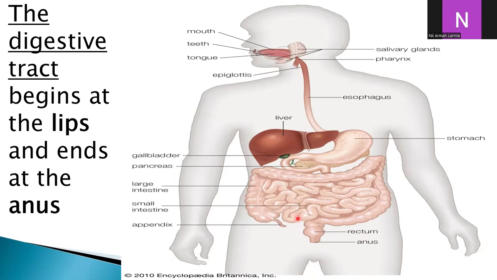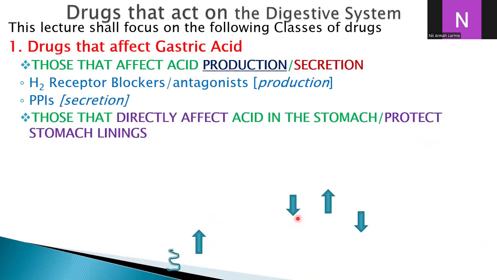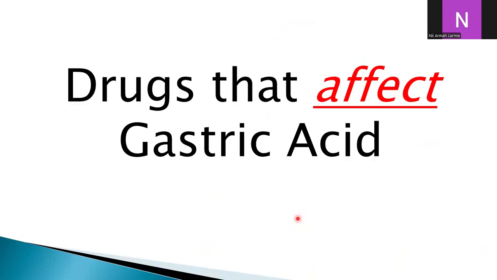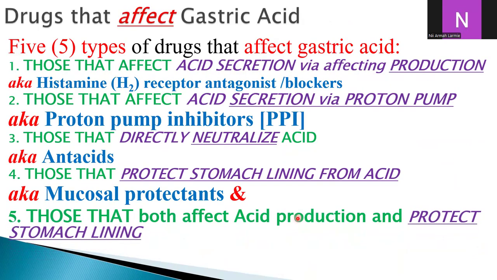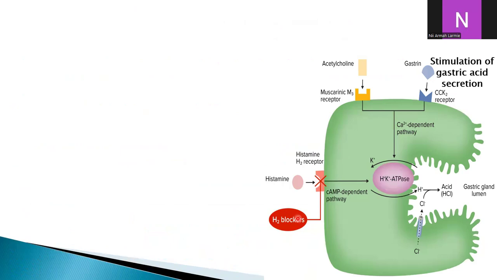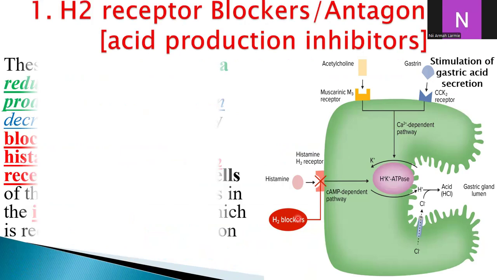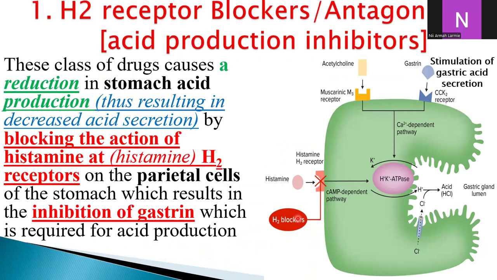So let's begin by looking at drugs that will affect the acid production. All right. So as stated, we will look at 5 groups of drugs, and that's what we're going to be focusing on. Let's start with the first group, the H2 receptor blockers or the H2 receptor antagonists.